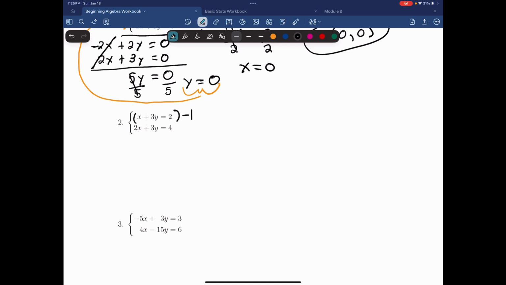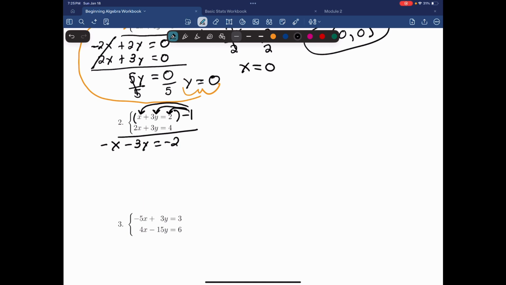So we end up getting -3y for the top equation, and our y variables cancel out when we combine like terms. So to distribute, I'm going to distribute this -1 to all the terms in the top equation. So we get -x minus 3y equals -2.